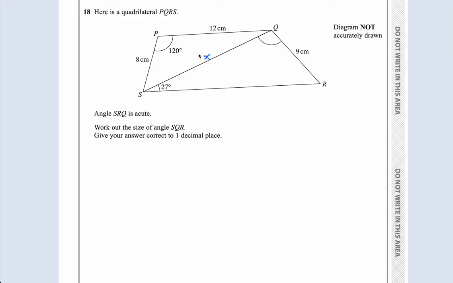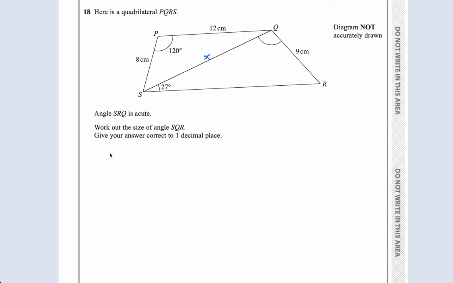How do I find it? Well, that is a classic cosine rule, because I have the angle between the two sides, and I want to find the other side. Actually, guys, I'll write the formula.